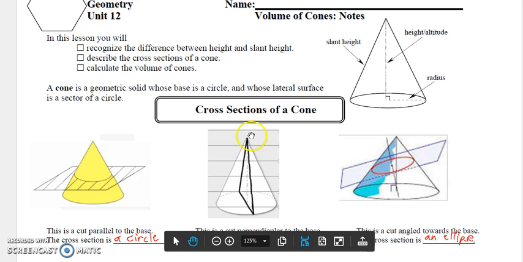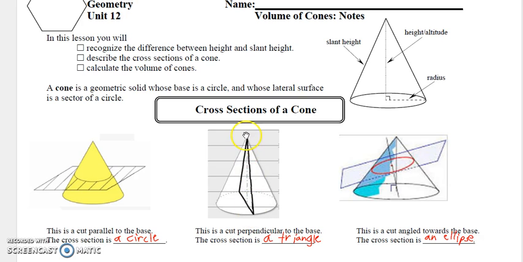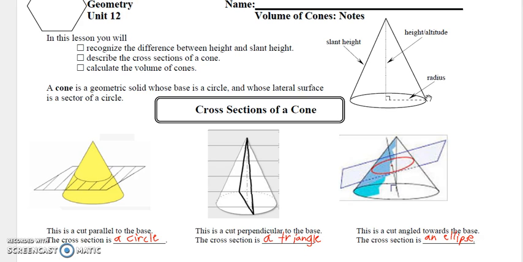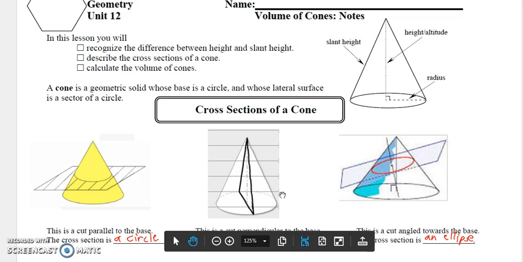Now, if I cut perpendicular to the base, so if I slice through the middle of the cone from top to bottom like this, look at this outlined shape. You get a triangle as a cross section. So if I slice through the top of the cone and throw this half of it away, and now look at the side, I'll see a triangle.